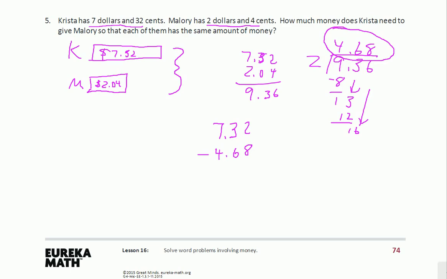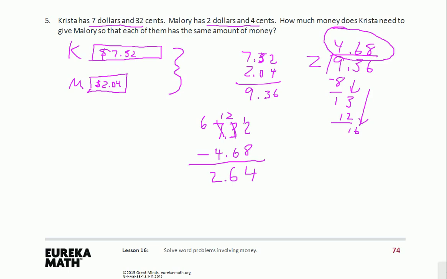This is how much money we need to be left with. So how much money can I give away and still have that amount? So that's 4. Okay, 6 is 12. So I have $2.64. So I need to give Mallory $2.64, because if I give Mallory $2.64, she's going to have $4.68.